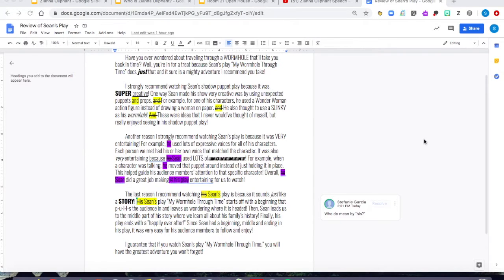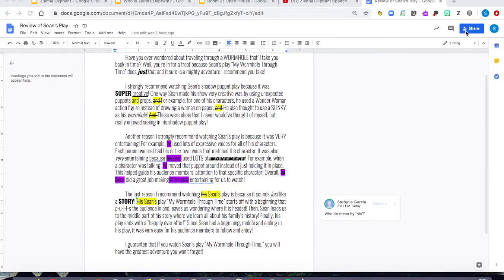For those of you who have never shared a document on Google before, I'm just going to give you a quick lesson on how to do that. So you recognize this as my review of Sean's play, and you can see my mouse moving. So I'm going to take my mouse, and on the right-hand side, there's a blue button that says share.